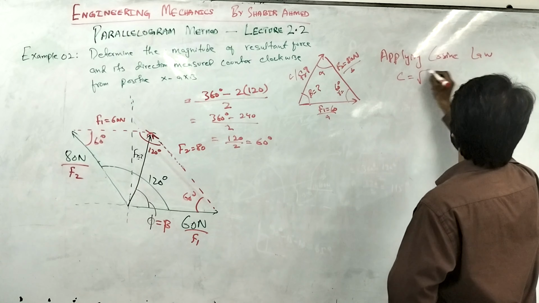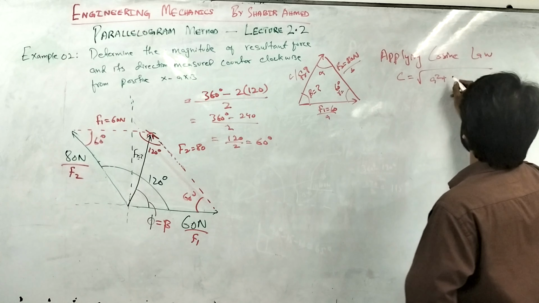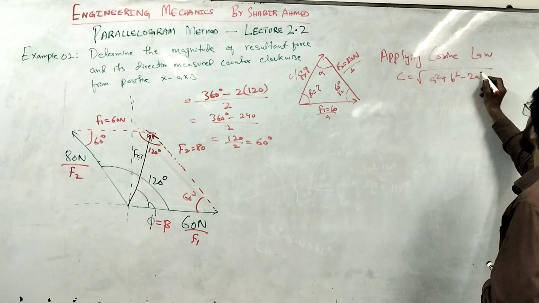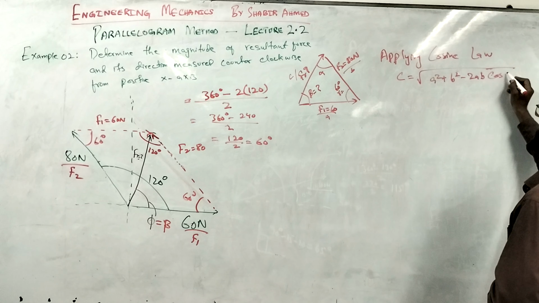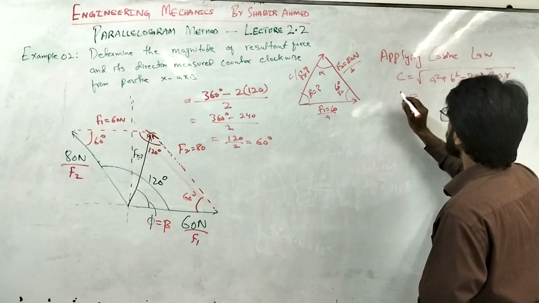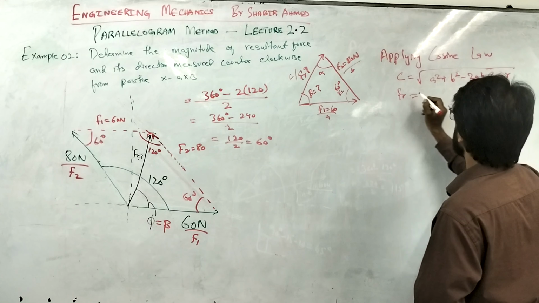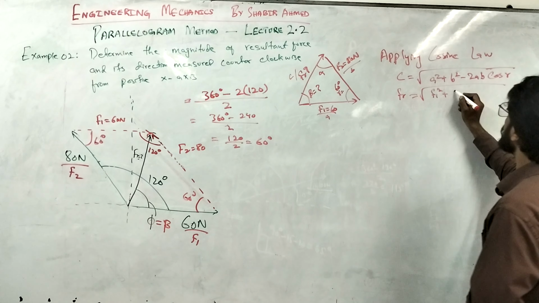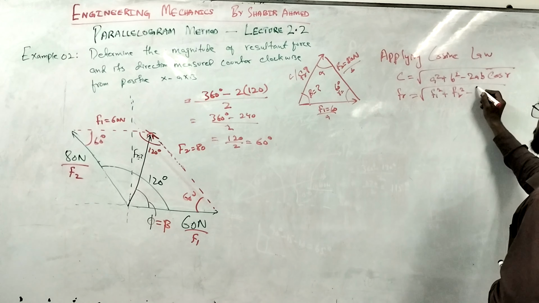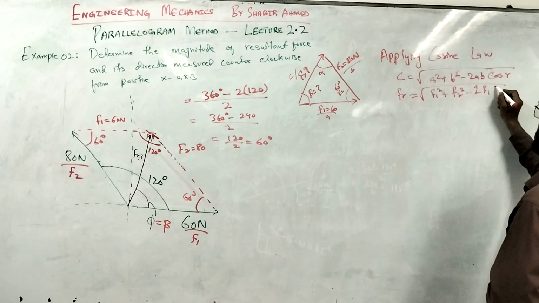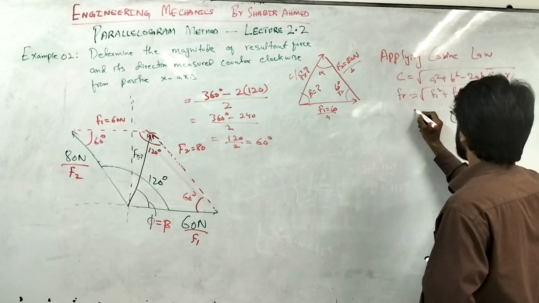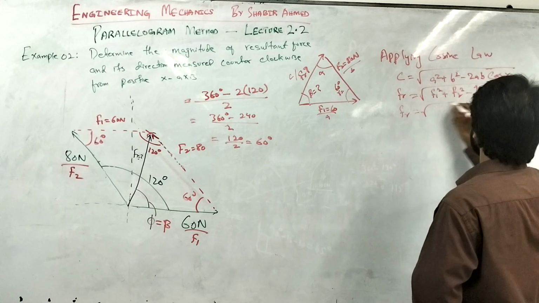So this will be c squared is equal to a squared plus b squared minus 2ab cosine gamma. We call C as Fr, and A is F1, so we will update the formula: Fr squared equals F1 squared plus F2 squared minus 2 F1 F2 cosine gamma. What we are going to do now is put the values over here.